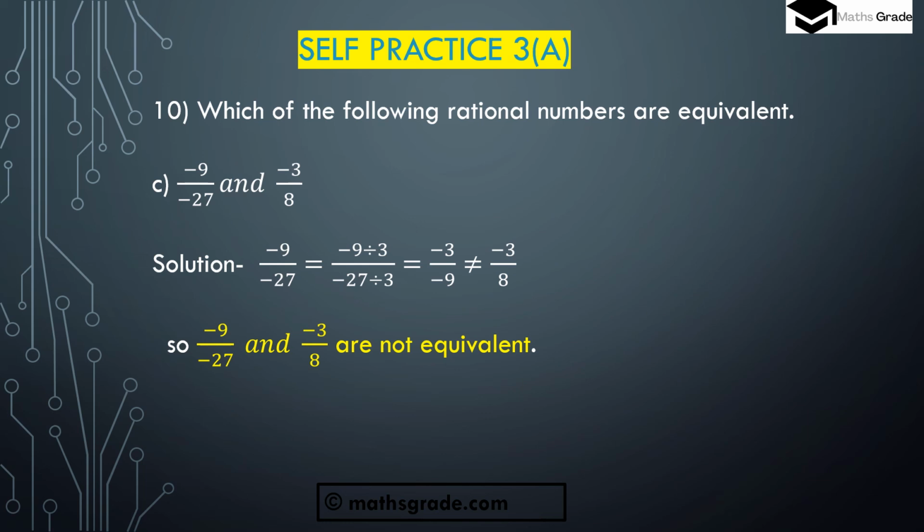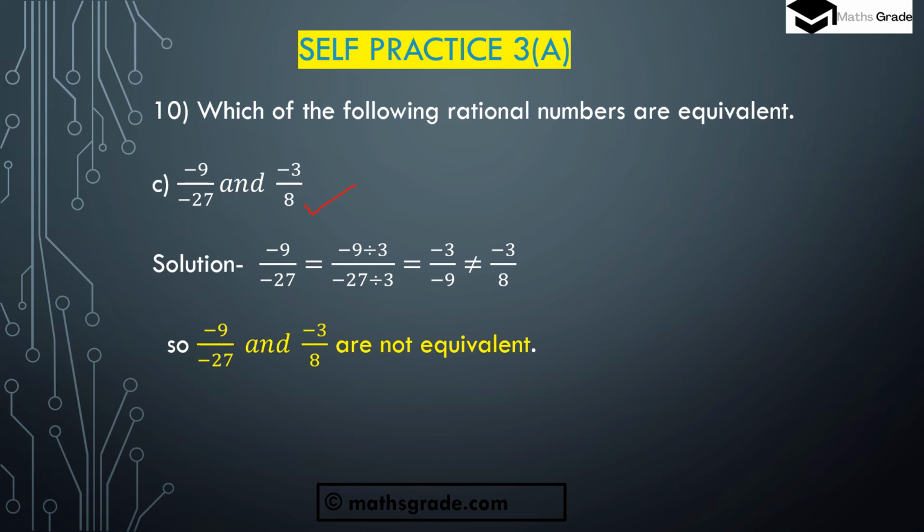Now we solve question number third bit C. Minus 9 divided by minus 27 and minus 3 divided by 8. We have to check whether these two rational numbers are equivalent or not. Minus 9 divided by minus 27. We know when we divide minus 9 with 3 we get numerator minus 3, which is equal to the numerator of minus 3 divided by 8.